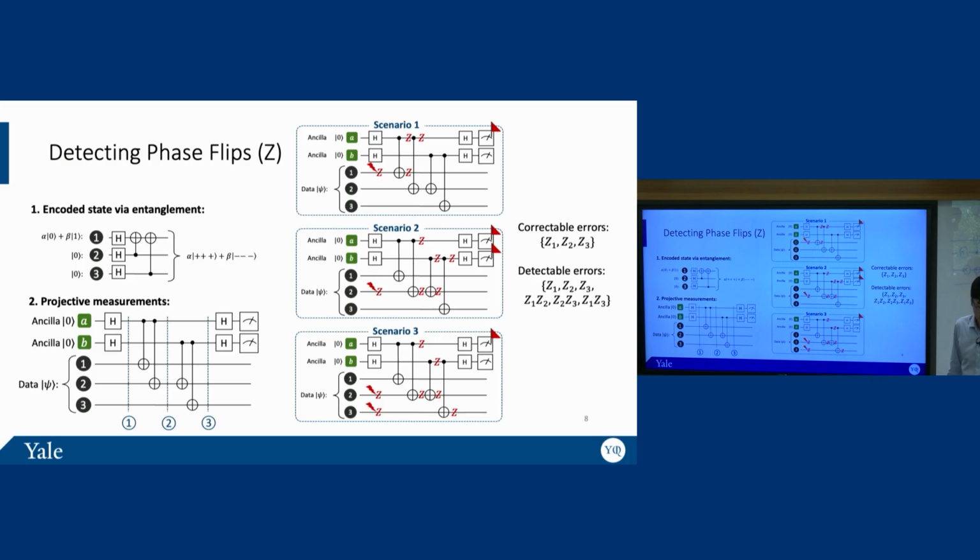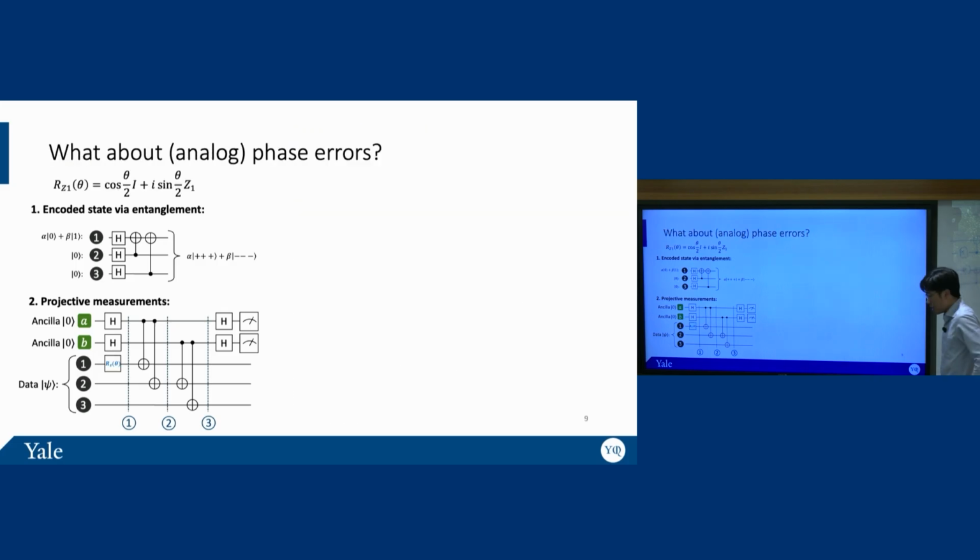All right. As I said in the beginning, these are not the only errors that we want to detect or correct in the quantum setting. What about more analog errors? What about continuous rotations?